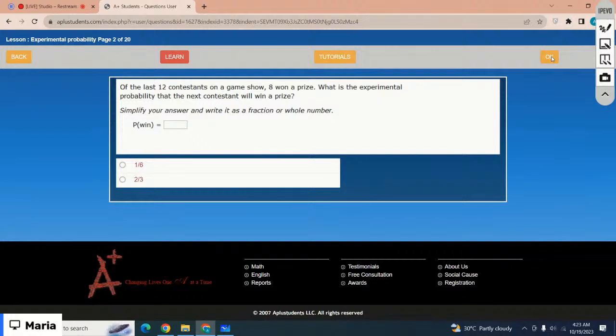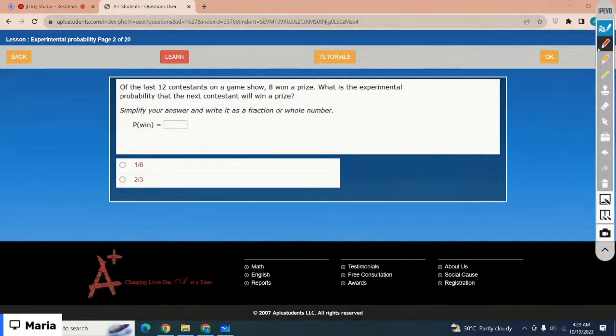Okay, out of the 12 contestants on a game show, 8 won a prize. What is the experimental probability that the next contestant will win a prize? So, which is the correct option? The total contestants are 12, right? 8 of them won a prize.